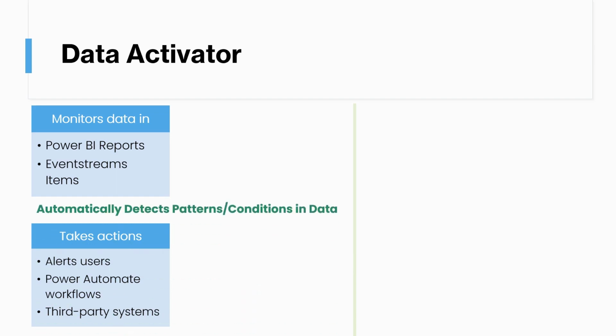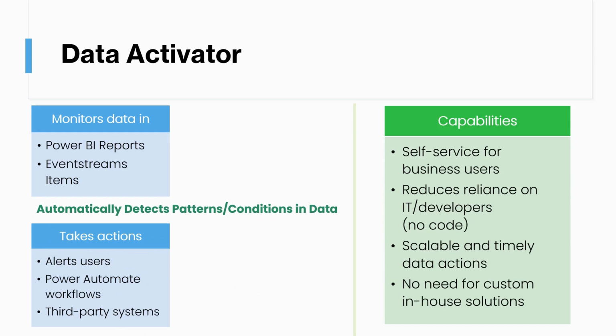The capability of Data Activator, for example, is self-service BI. How does it enhance self-service BI? Because it enables business users to define business conditions with no code, which reduces the reliance on IT and developers.